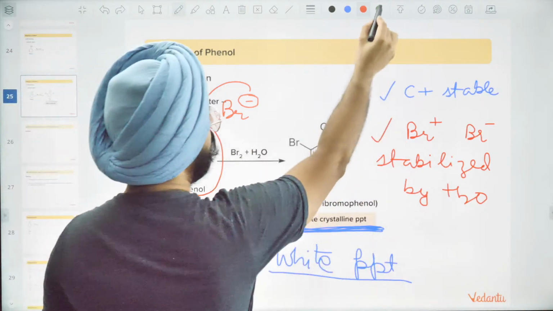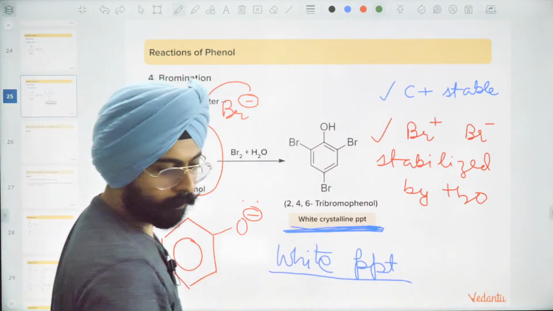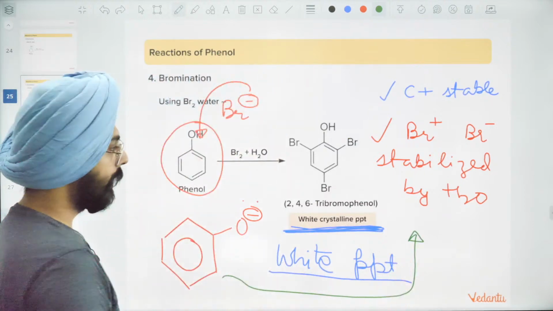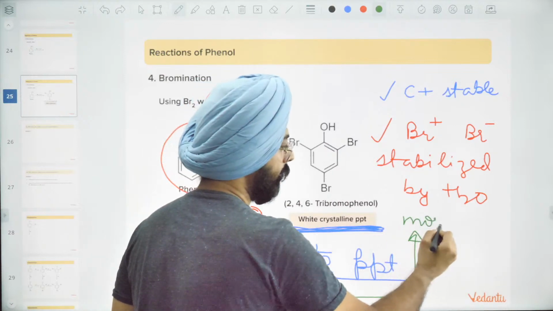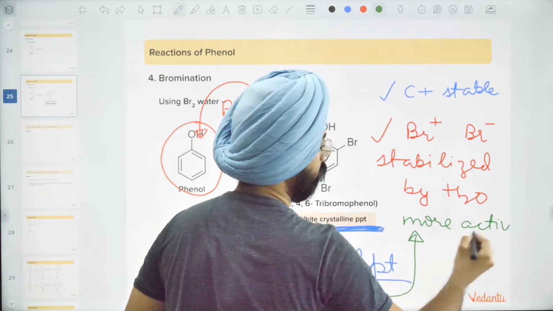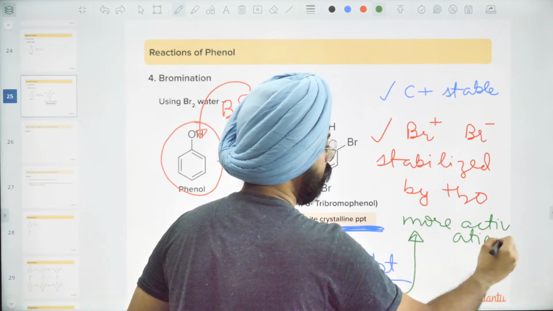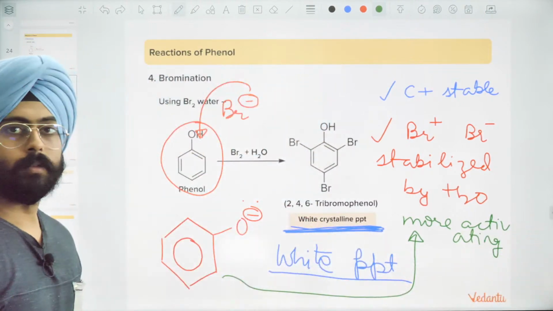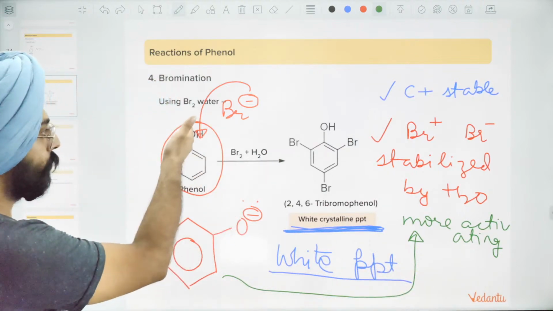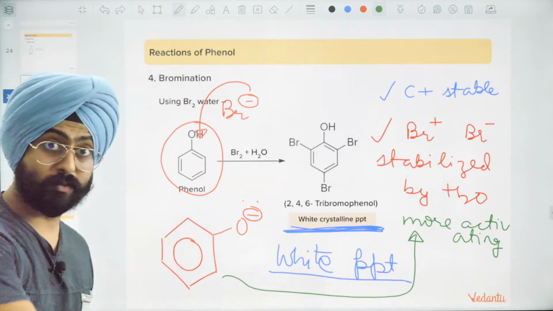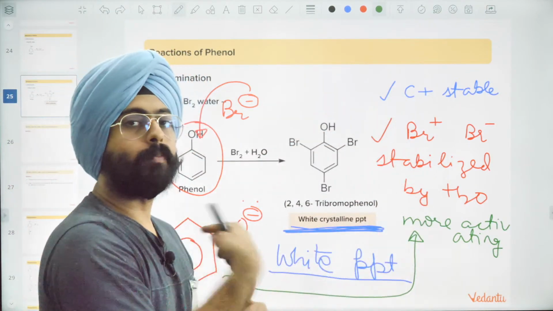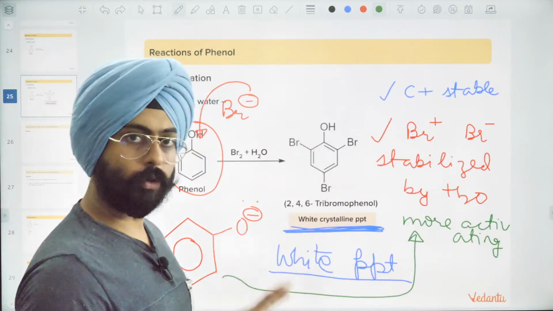And this one, I can say that it is more activating in nature. Yeah, this is more activating, isn't it? Because it has a negative charge now. Instead of just the phenol, phenoxide ion is more activating. So these are the reasons that are attributed to the poly substitution in the presence of water.